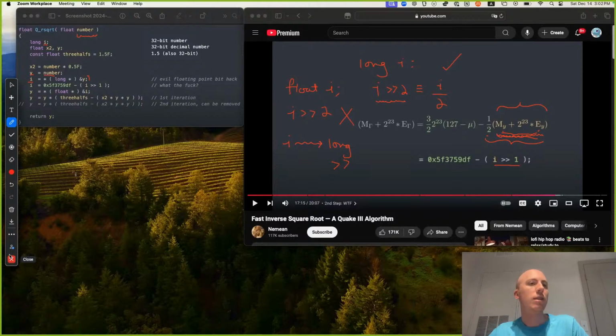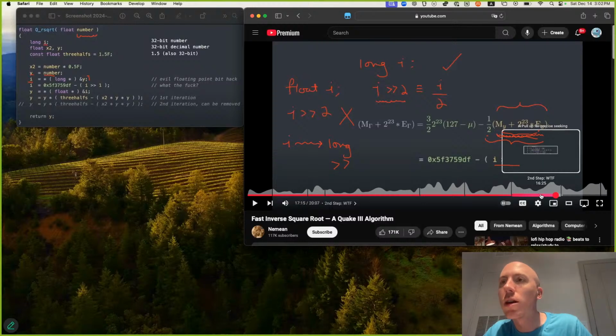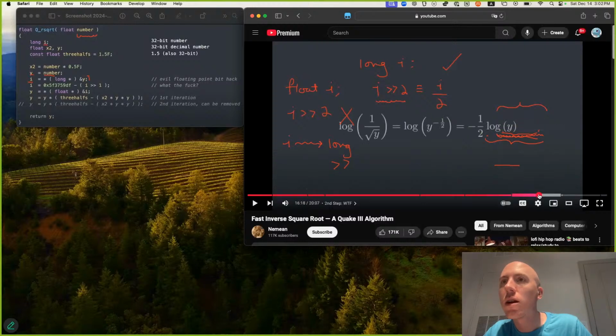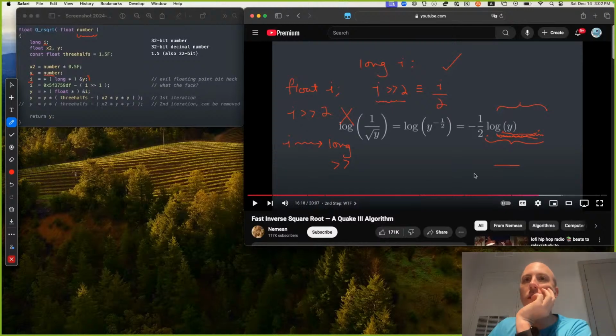But that's different from what he wrote right here. He said it's supposed to be 1/2 of the log of Y. So there's actually two things that are weird, because we're supposed to be doing half the log of Y. And back there, we're just doing I shifted over 2.